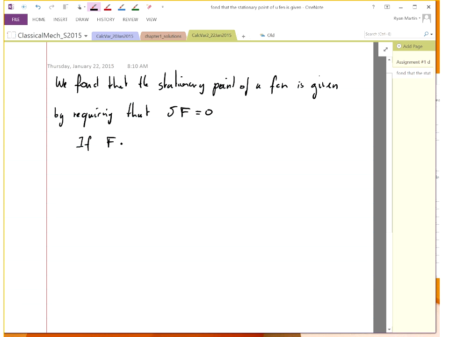So if f were a function of multiple variables, which we'll call q1 to qn, then we found that the variation given by the chain rule is the sum from i equals 1 to n of di f by di qi delta qi.